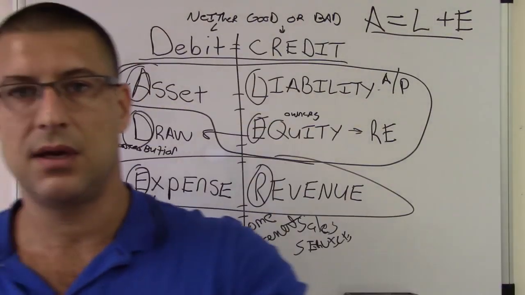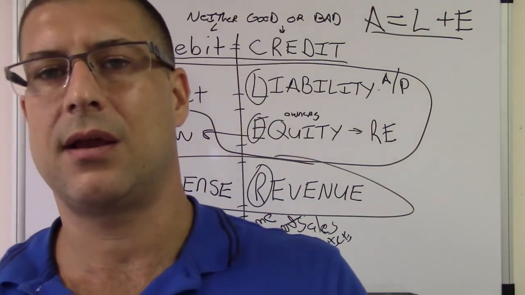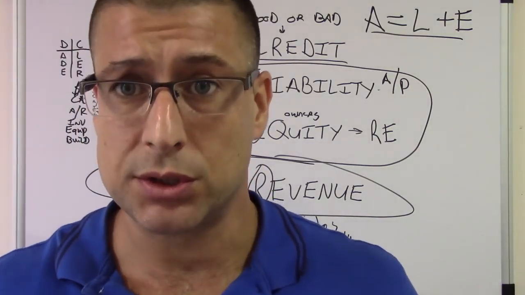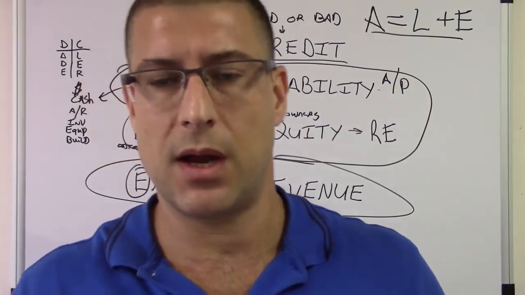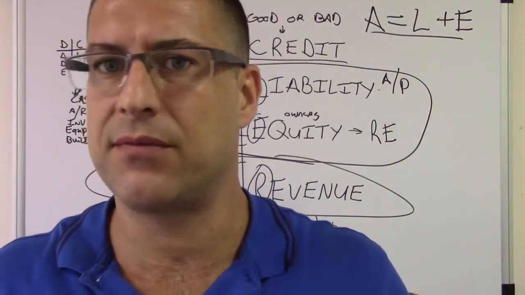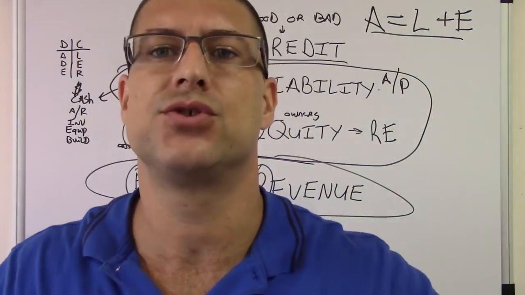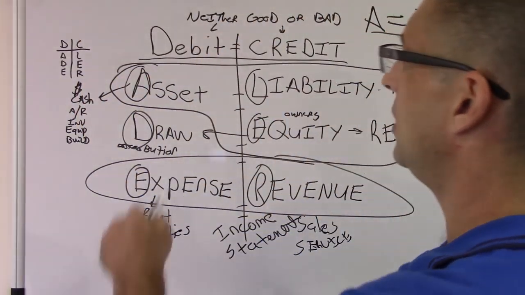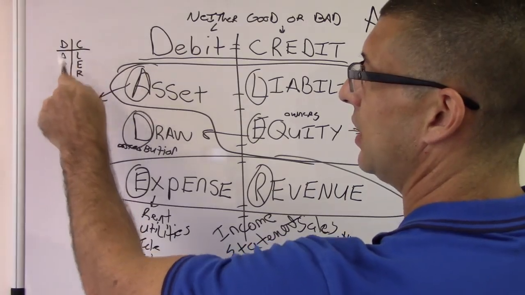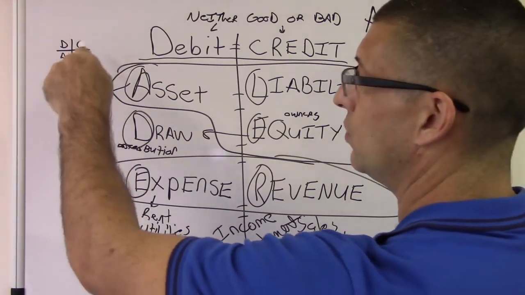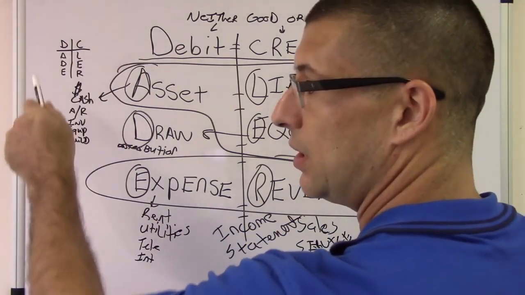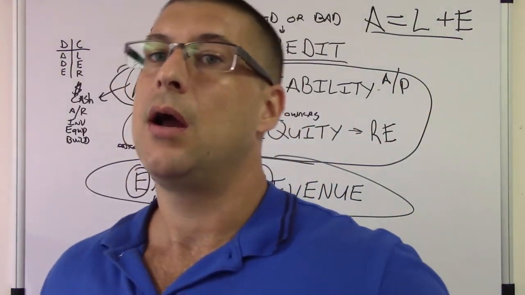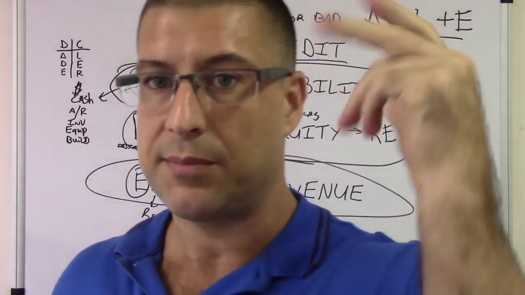But anyways, that's Part 2, and I'm obviously not a teacher. I struggled for years. I actually had an accounting degree, didn't really have a full grasp of this. I freaking struggled, and I learned DC AID LER, and once I started writing this down every time and referring to it while I was doing journal entries and problems, the light bulb went off.